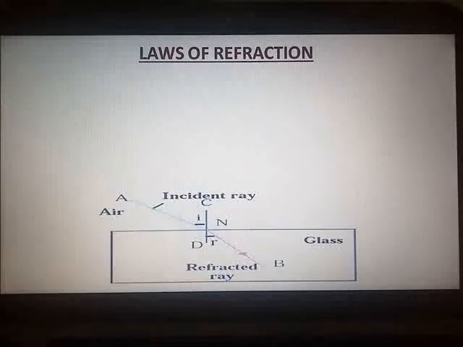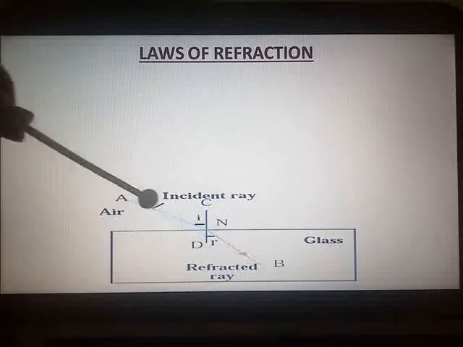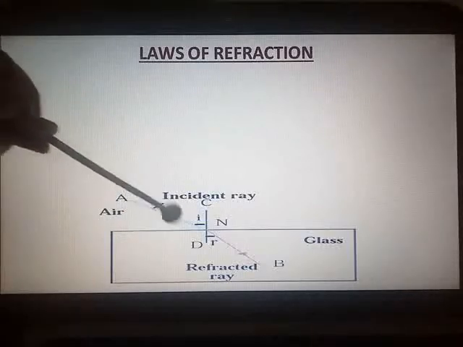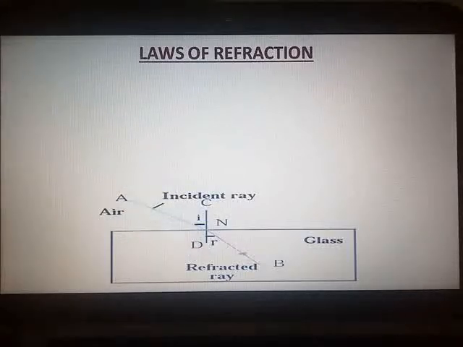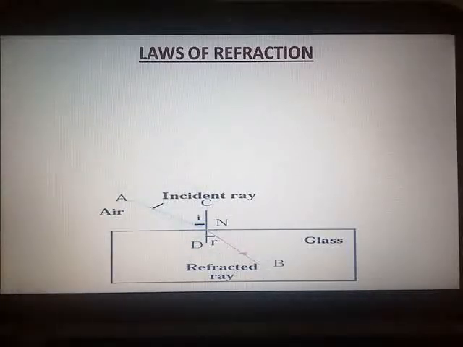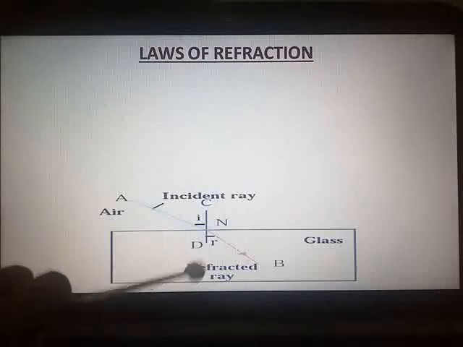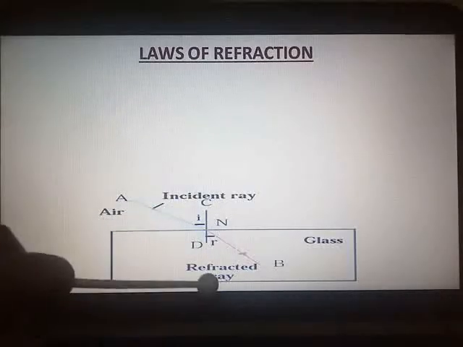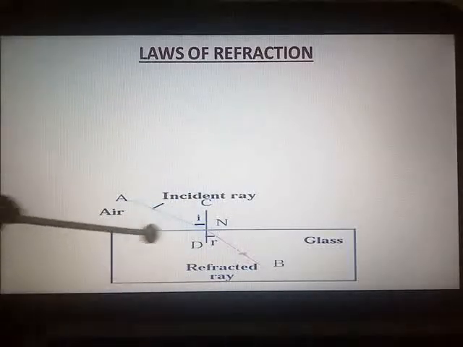Here AN is the incident ray, passing from the air into the glass slab, and NB is the refracted ray. Your first law of refraction states that the incident ray and the refracted ray are on opposite sides of the normal.